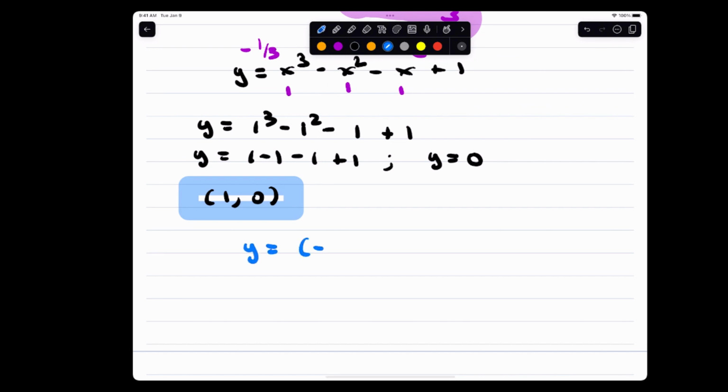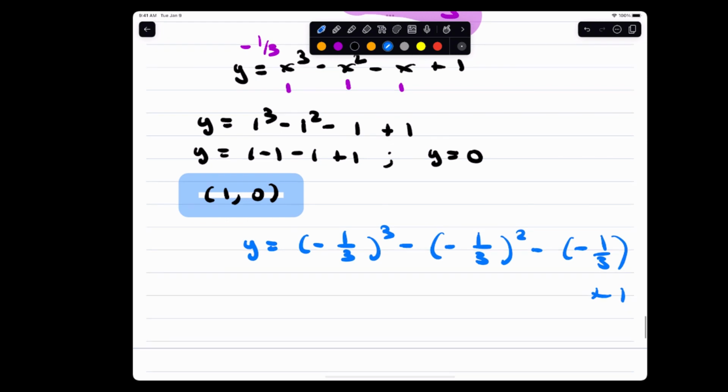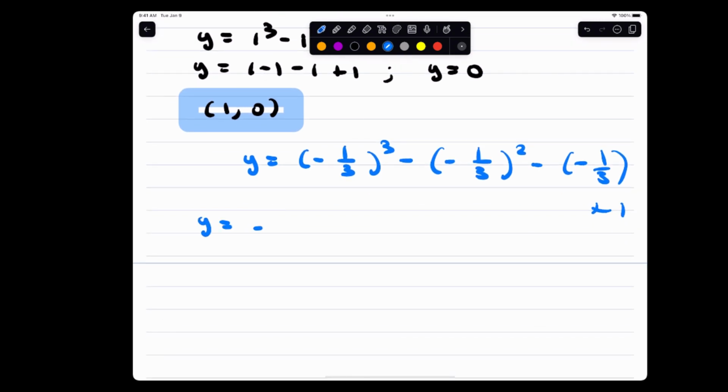Y is negative 1/3 cubed minus negative 1/3 squared minus a negative 1/3 plus 1. So y is negative 1/27 minus 1/9 plus 1/3 plus 1.